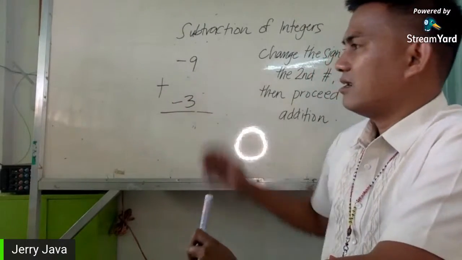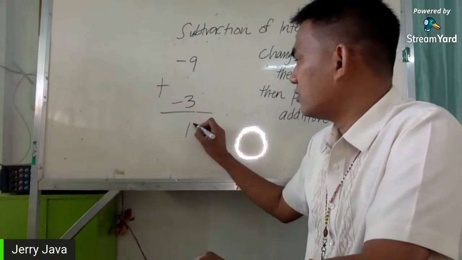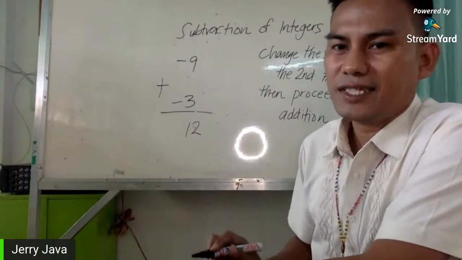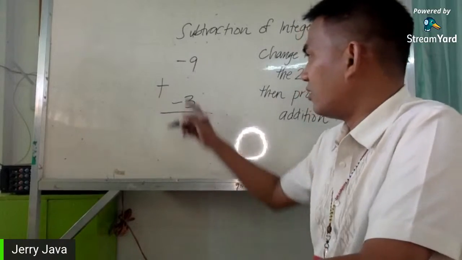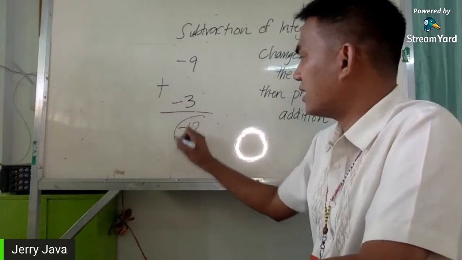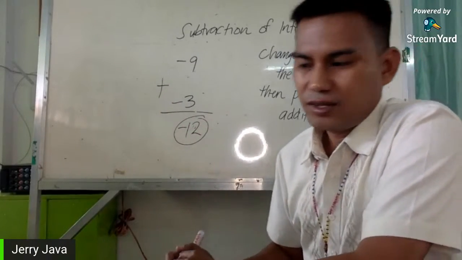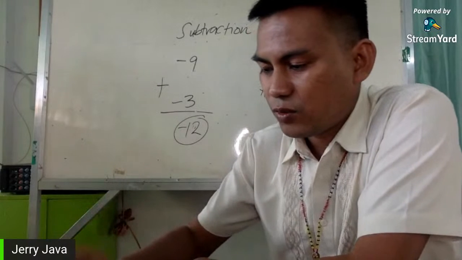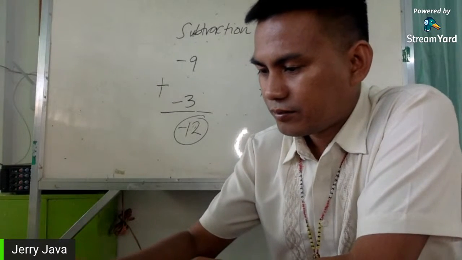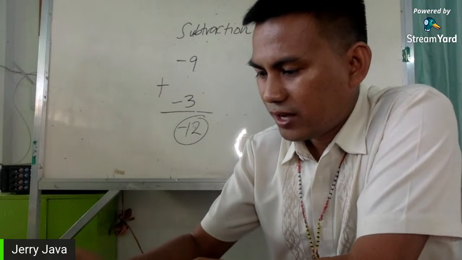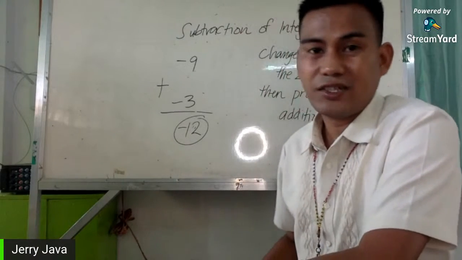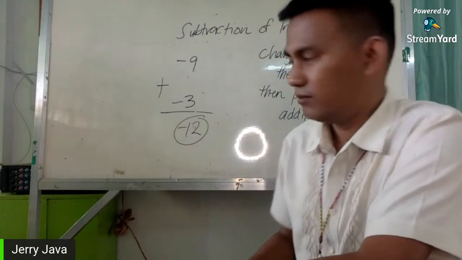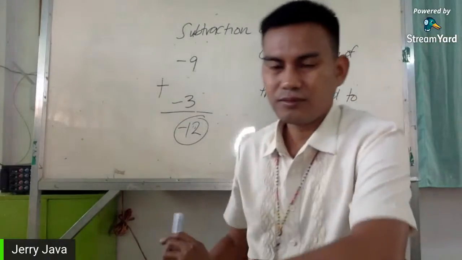So 9 plus 3 gives you 12. Then copy the sign of their common. They are both negative, so the answer is negative 12. The correct answer is negative 12.